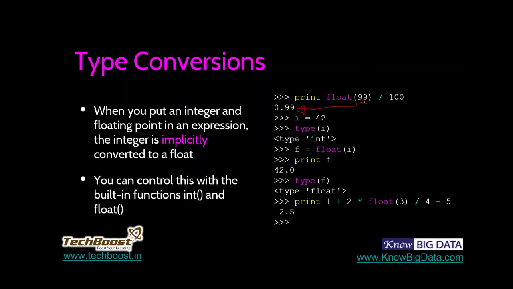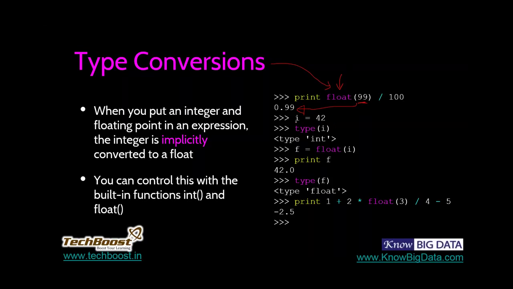We try to convert this particular integer value 99 to a float using the function float. This float function is a type conversion function. This converts an integer to a float.